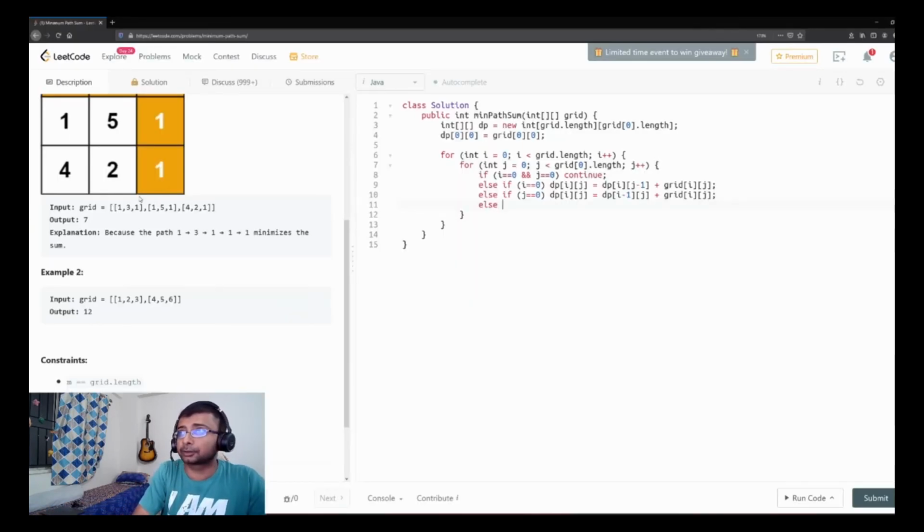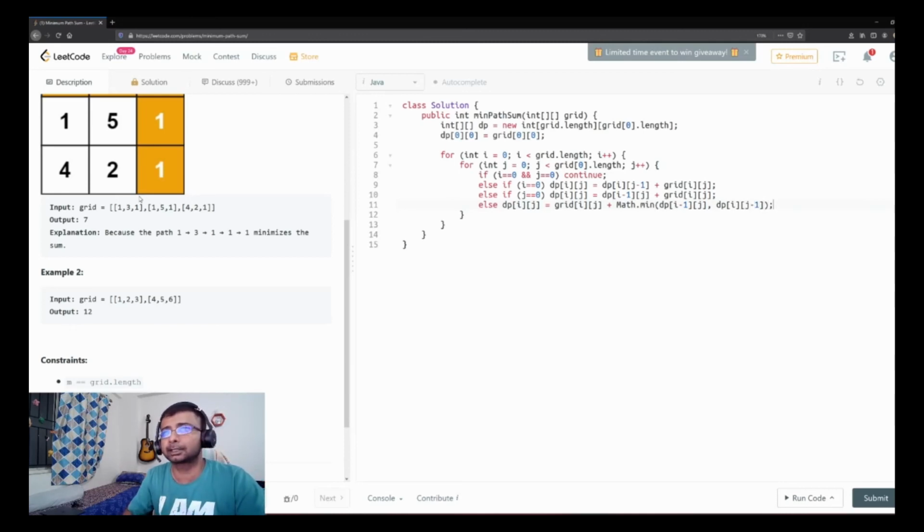So what I'm going to do is put into dp[i][j] the grid's value, plus the minimum of the two choices that we have. One is on the top, the other is on the left: dp[i-1][j] or dp[i][j-1].